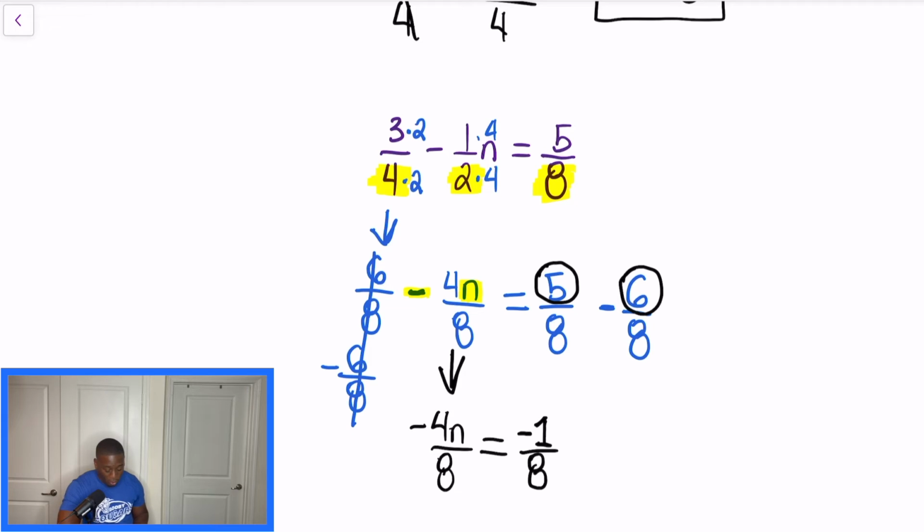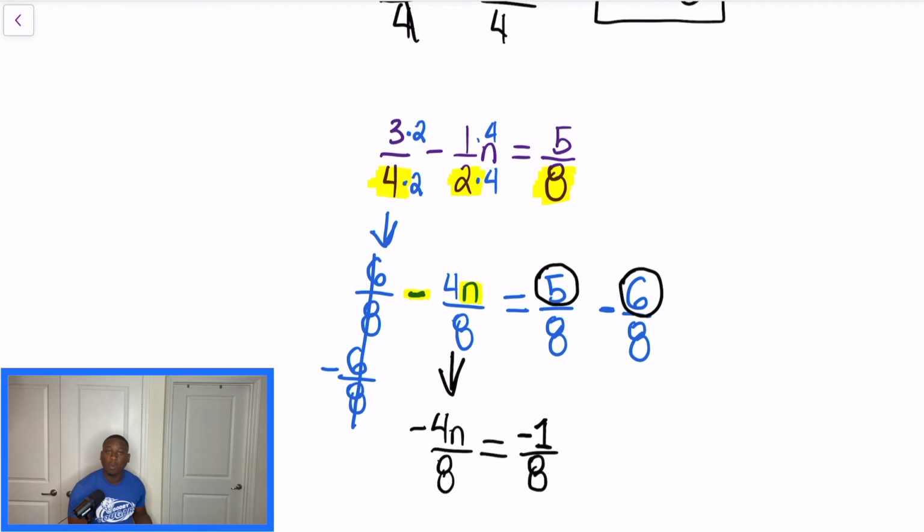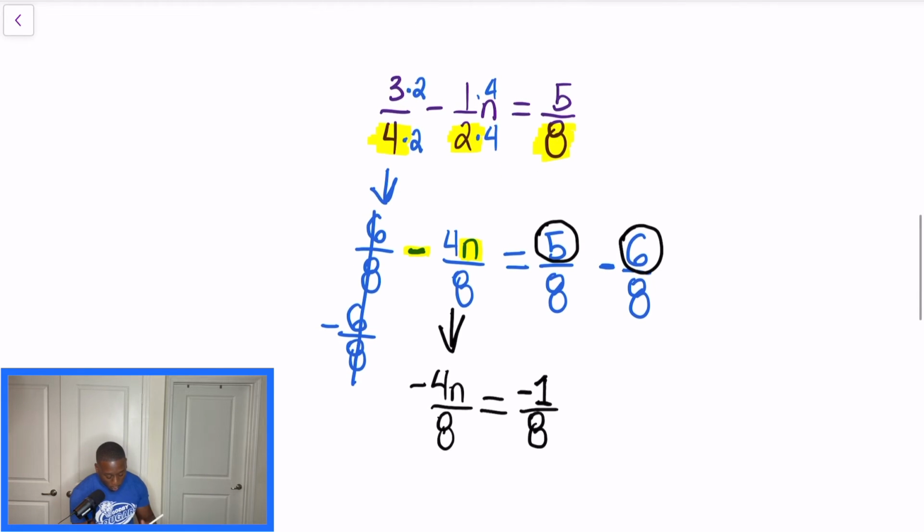All right? So now with this step, we're kind of back where we were with the first problem, right? Variables on one side, our numbers with no variables on the opposite side, right? Now, two ways to solve. This time, what I'm going to do is divide by the entire fraction, all right? So when I want to divide by the entire fraction, that means I'm actually going to multiply.